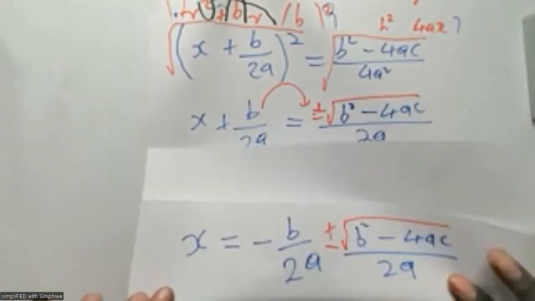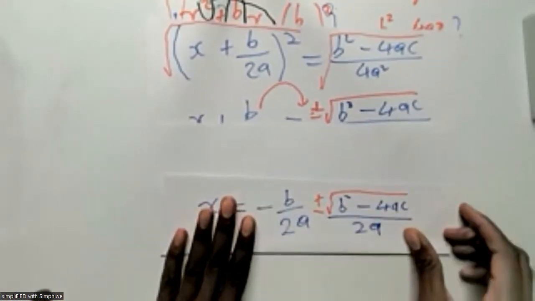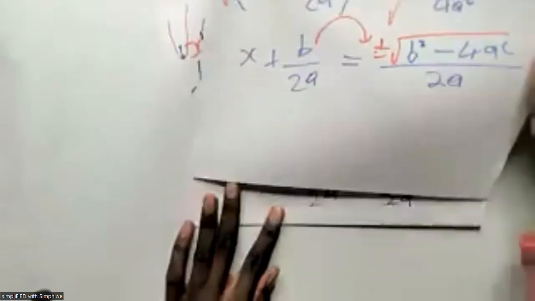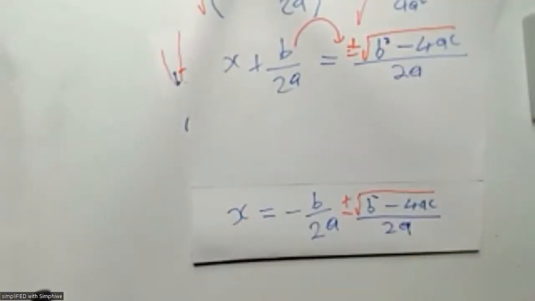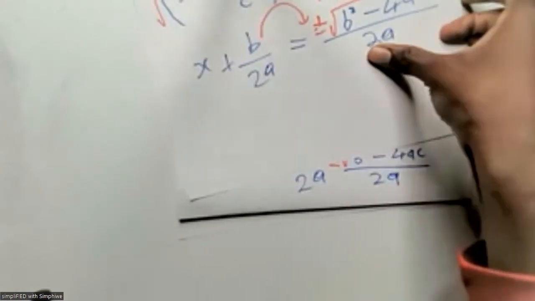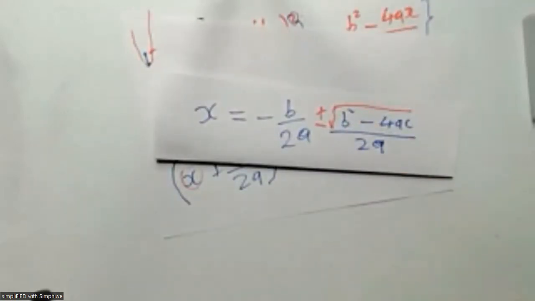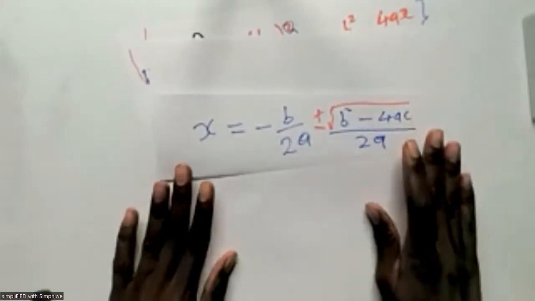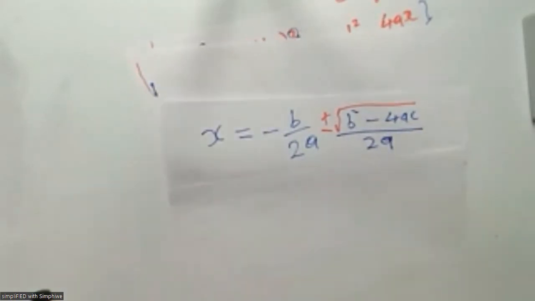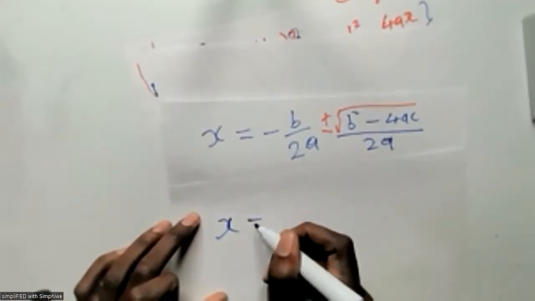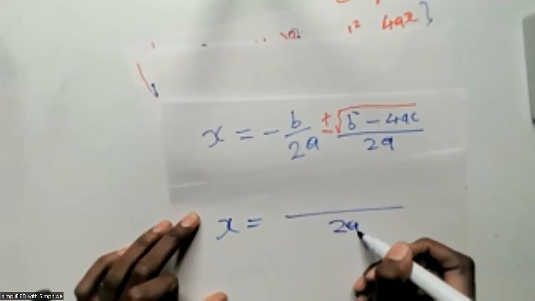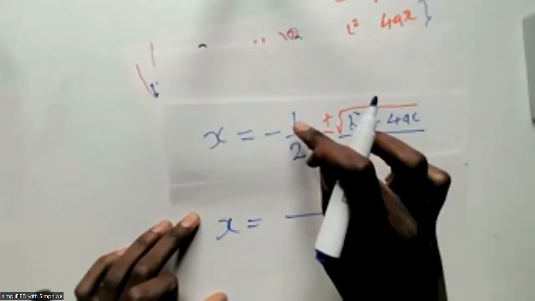If we simplify this further, we have x is equal to minus b over 2a. Let me take it from here and solve this using the lowest common denominator rules, so it makes sense how we came about it. The lowest common denominator here is 2a.